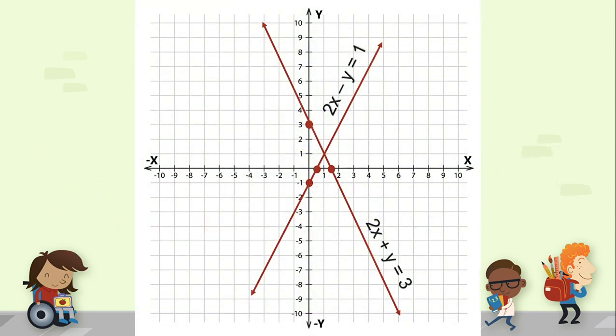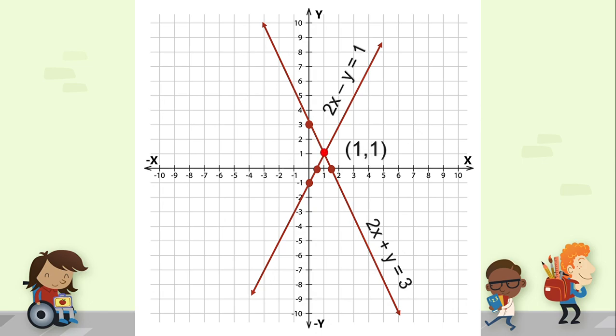Now, observe the graphs of 2x minus y is equal to 1 and 2x plus y is equal to 3, drawn in the coordinate plane on the slide. The lines intersect at exactly one point, which has the coordinates (1, 1).